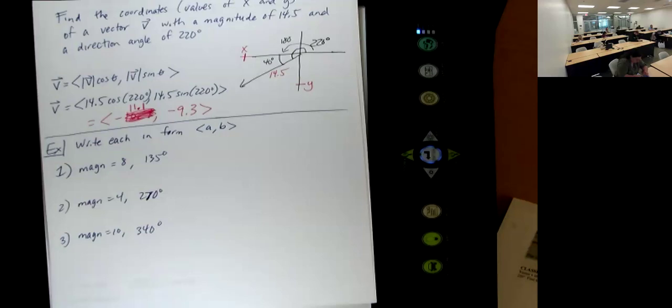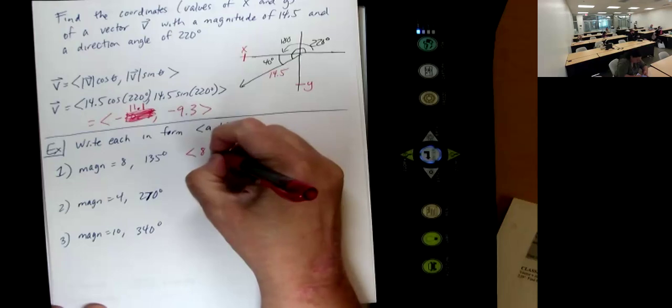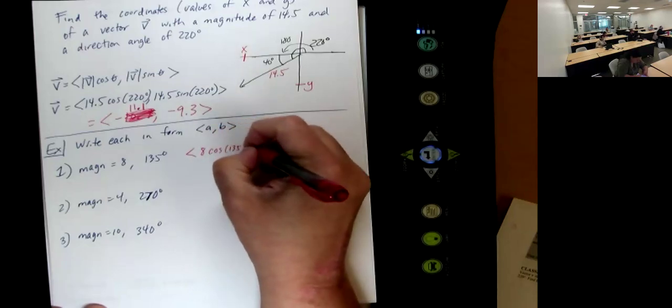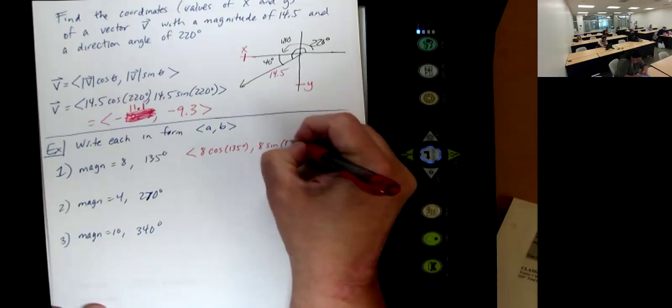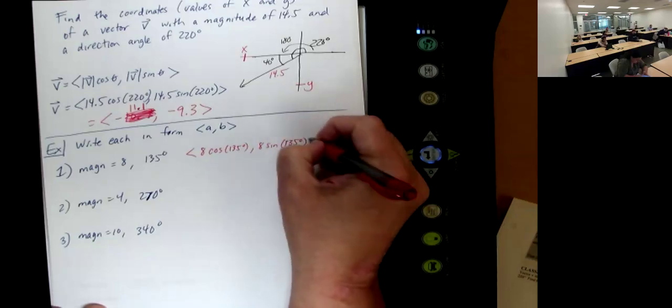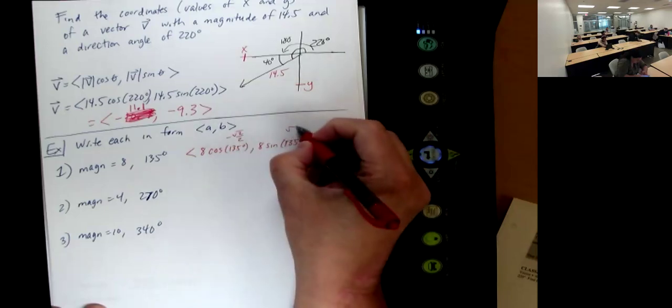Alright, we want to go to the other form, so we've got to do the magnitude times cosine and the magnitude times sine. This is -√2/2 and +√2/2.